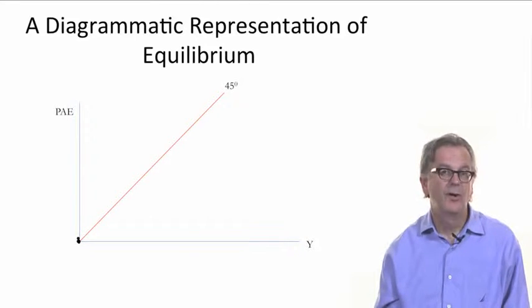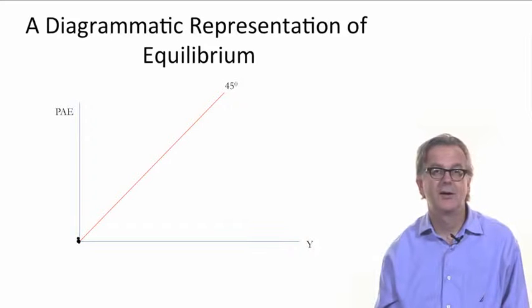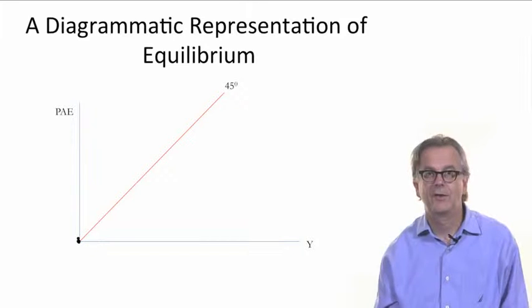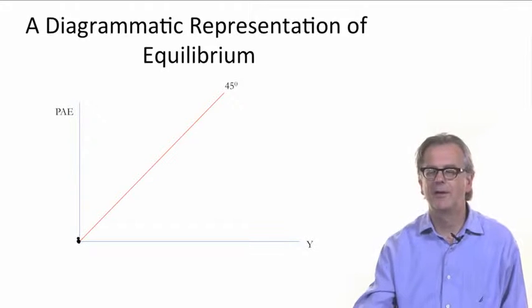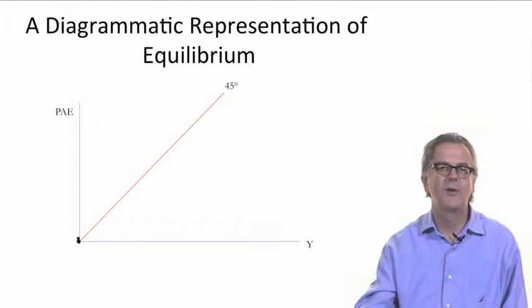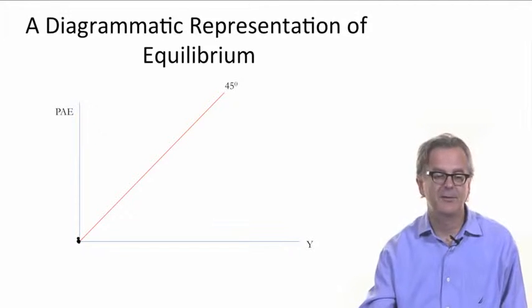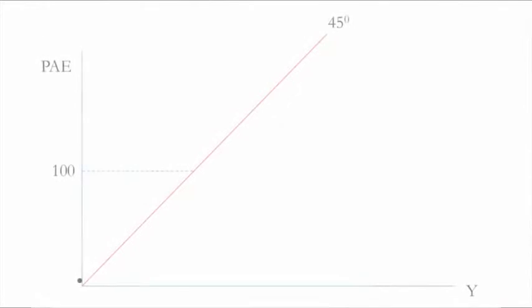It's an important line in the context of the diagram because it represents some incredibly important concepts. And what we're going to do in this diagram is really bring together in a very systematic way a whole lot of the concepts we've been talking about up until now. For example, let us suppose that the economy, the sectors in the economy in aggregate, have set their spending plans to be equal to 100.